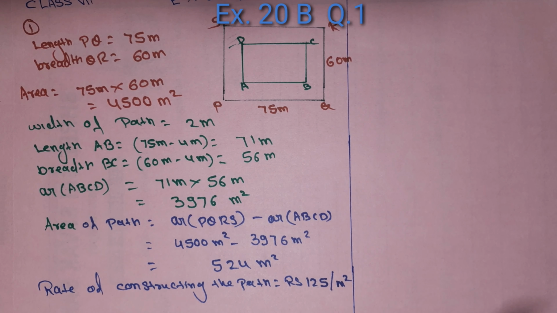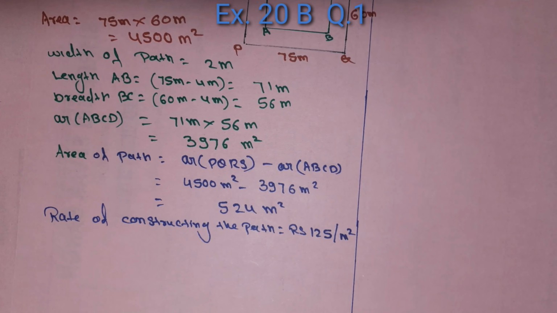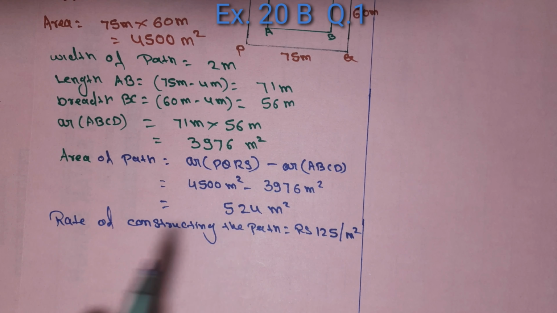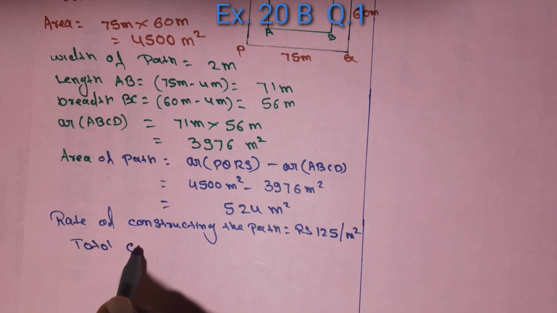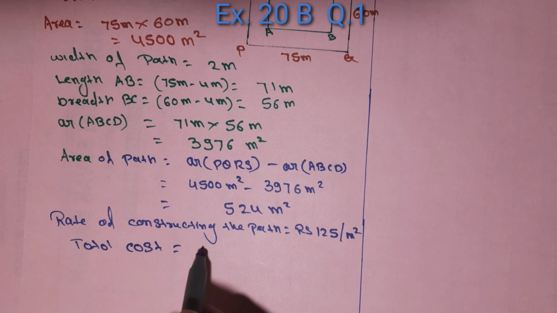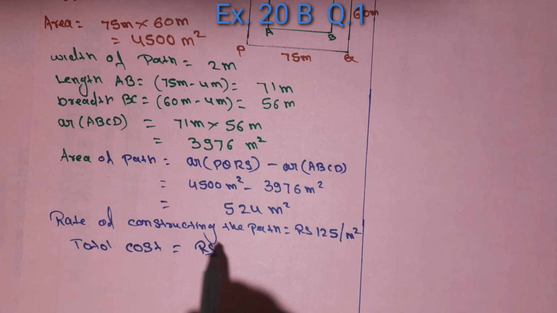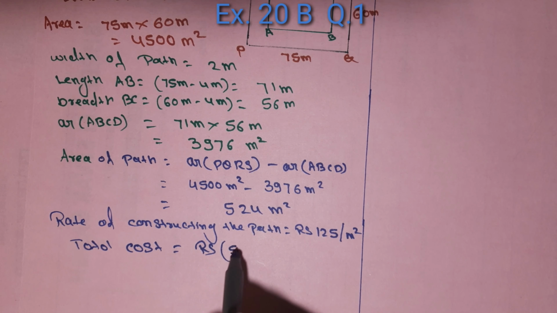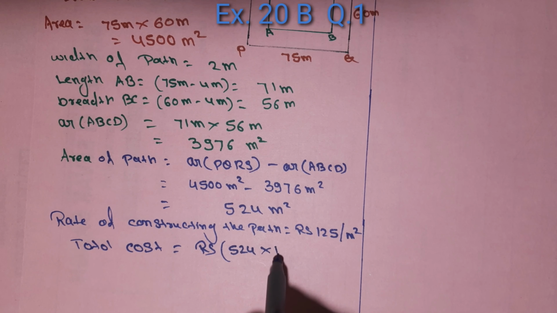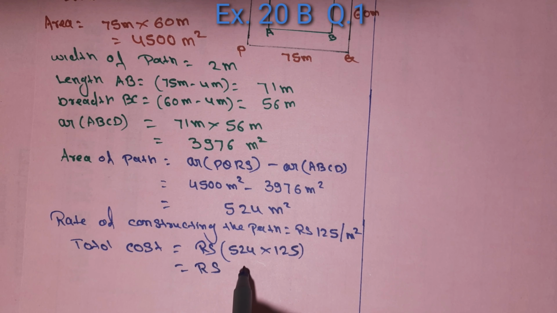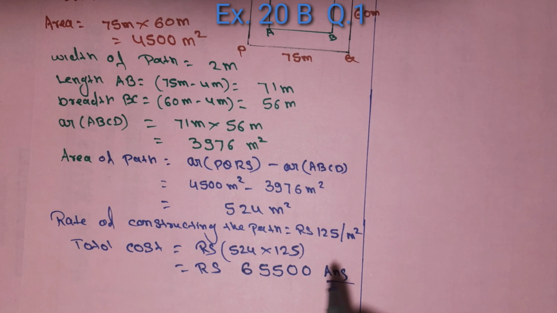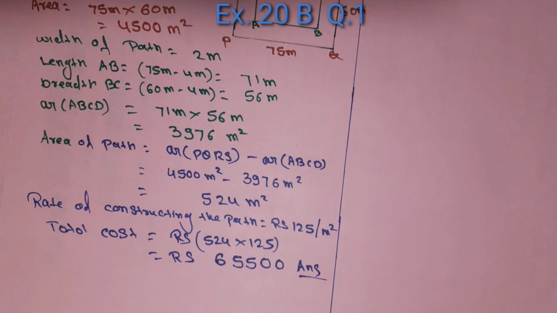What is the total area? We got 524. So total cost is equal to rupees 524 into 125. If you multiply, you will get rupees 65500. Answer. Simple, nothing is there.